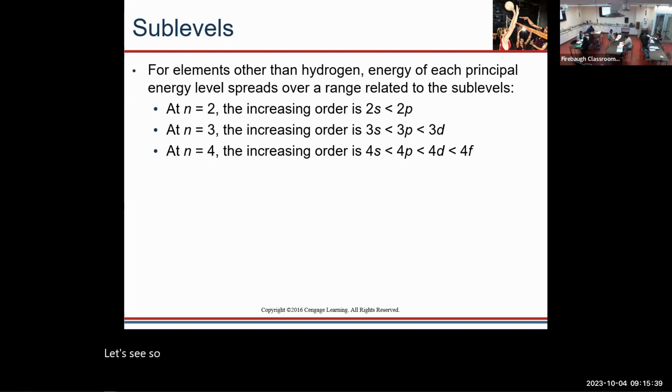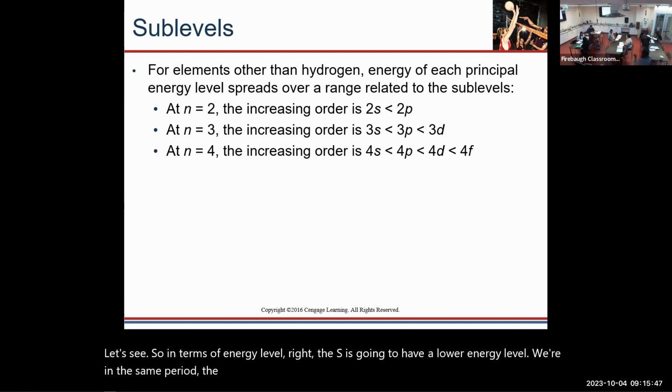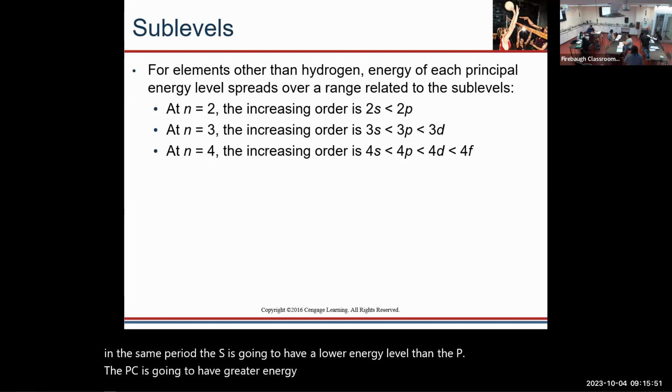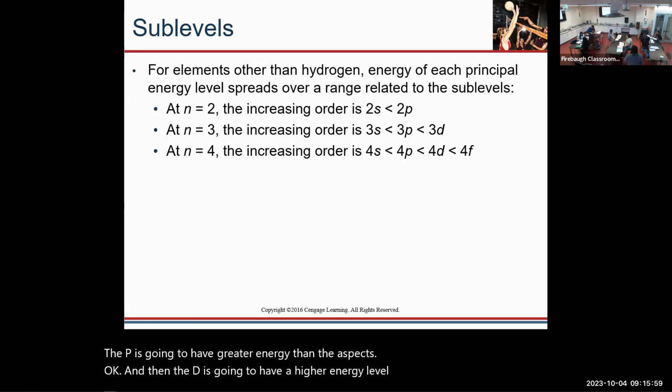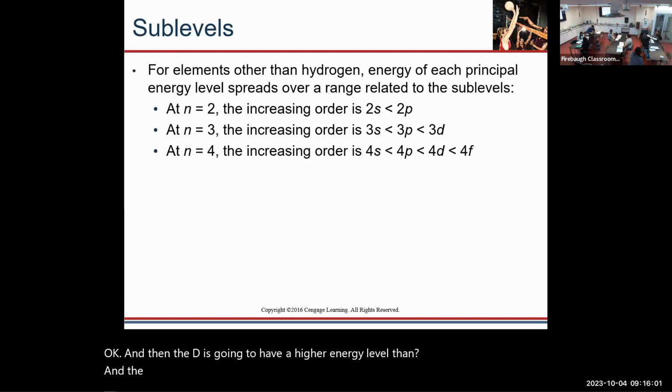So, in terms of energy level, the s is going to have a lower energy level than the p for the same period. The p is going to have greater energy than the s does. And then the d is going to have a higher energy level than the p, and the f is going to have a higher energy level than the d.